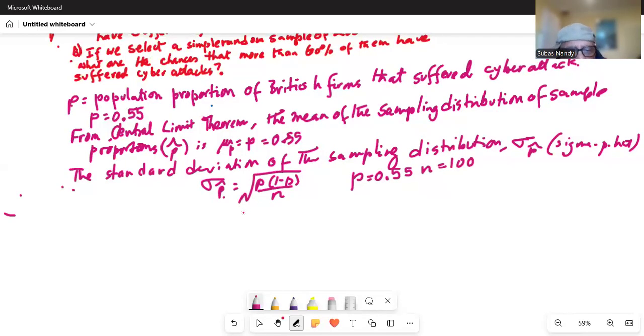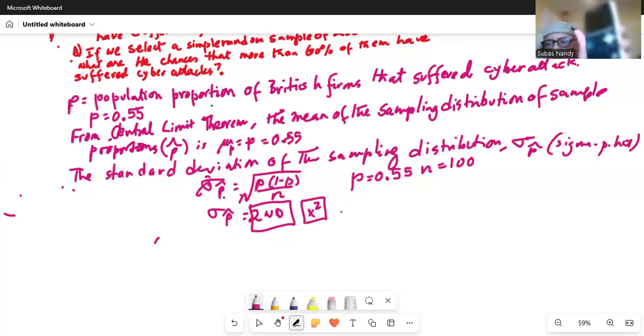So I need to calculate sigma p hat, which is the standard deviation, or the average spread around the mean, for the sampling distribution of p hat. How will I calculate that? I will use my TI-84 calculator. Press the second button on the top left, then the x square button, first column halfway down, to get the square root.